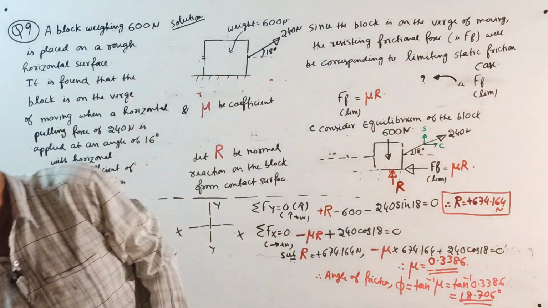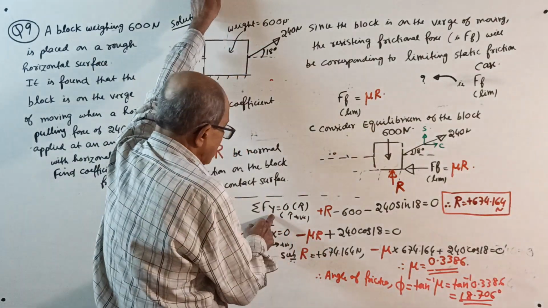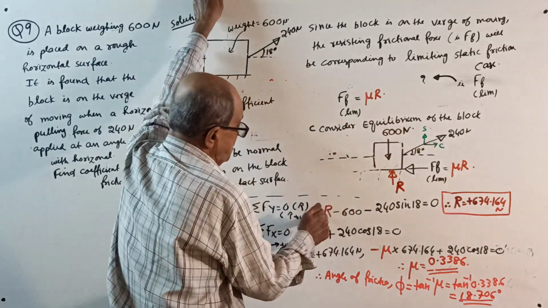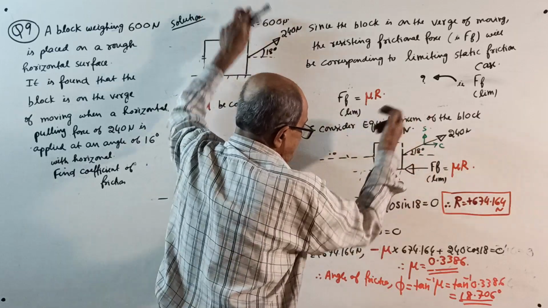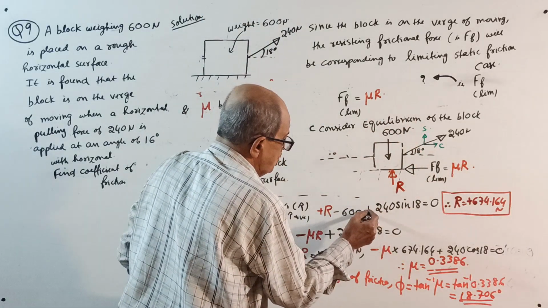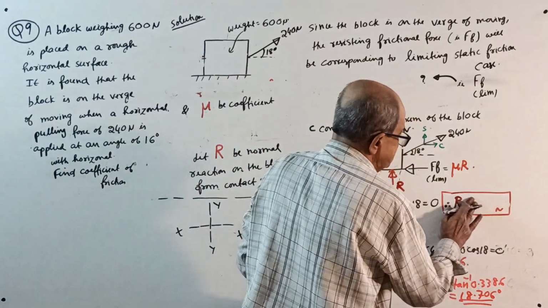Solution. Same question once again. Sigma Fy equal to 0, upward positive: plus R minus 600, now not minus, plus 240 sine 18 equal to 0. Your R will change.